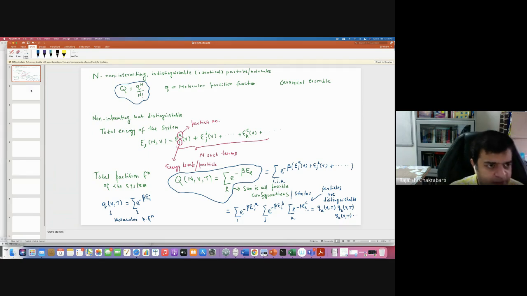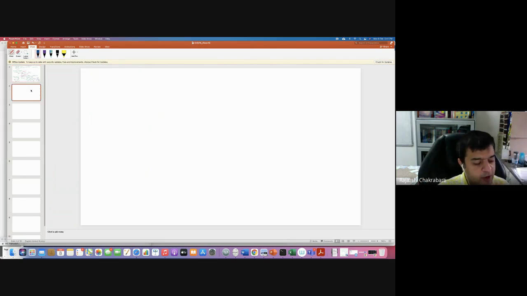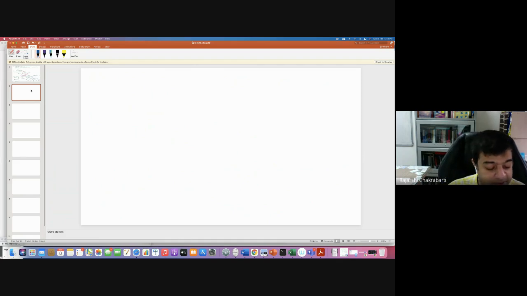But now what happens if your particles cannot be colored separately, when you have non-interacting, which basically means independent, but indistinguishable particles?